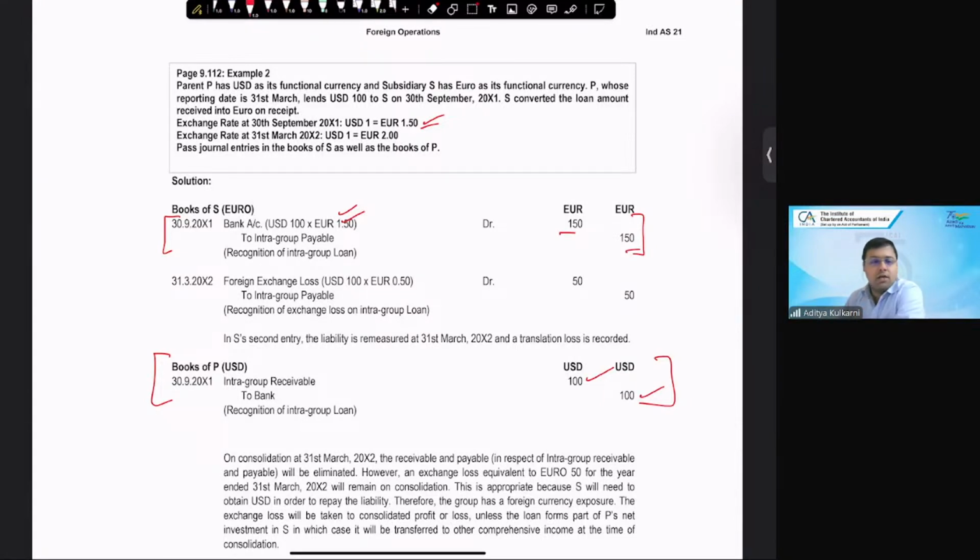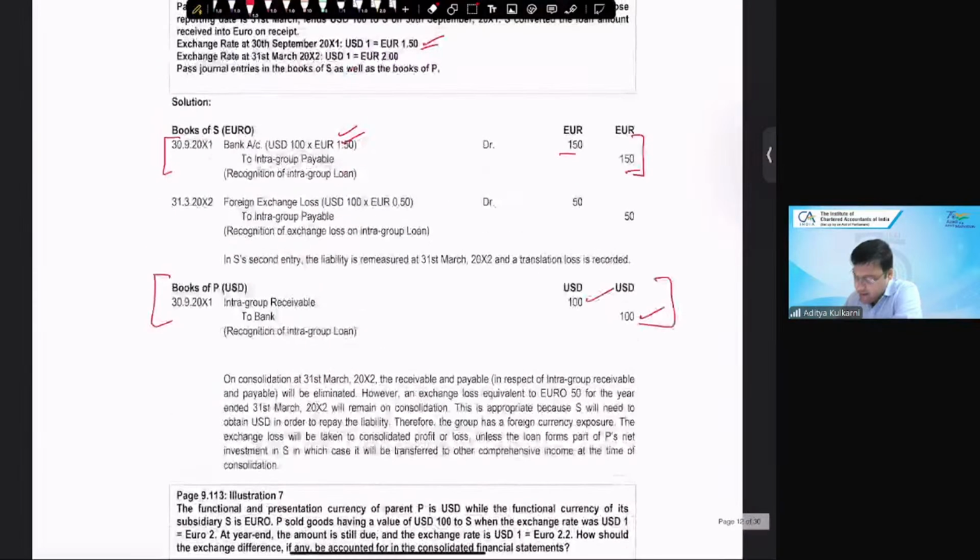31st March. Is it a monetary liability for the entity? Answer is yes. So foreign exchange loss account debit 50, to intra-group payable 50. Okay. So in S Limited's second entry, the liability is remeasured and a translation loss is recorded.